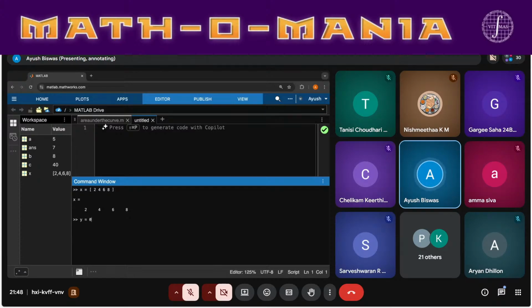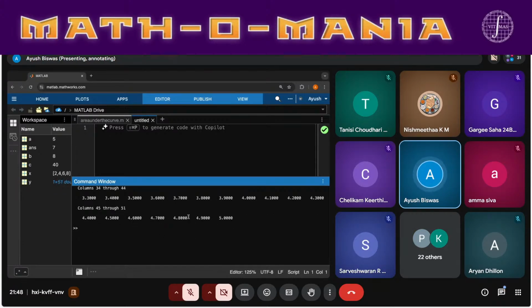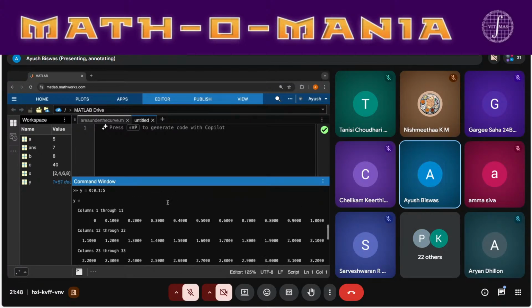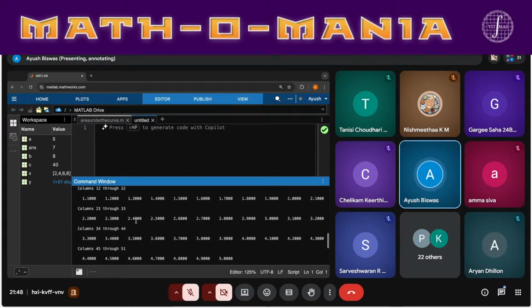We can also define variables in the second way. Let's say y is equal to starting from 0, incrementing by 0.1, and going till 5. That automatically creates all the values, so we don't have to list out every number, and it saves time.